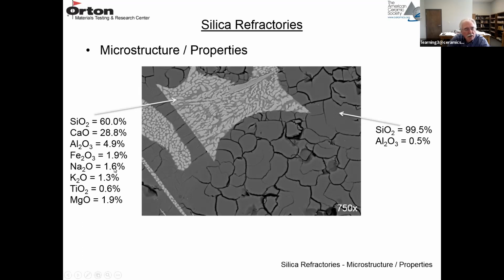Your alkalis were at about 1.6 and 1.3, and you also have some TiO2 and MgO. So there appears to be two phases, a bright phase and a darker gray phase in this glass. The brighter phase is that crystal structure I mentioned, wollastonite, the calcium silicate. So wollastonite crystallized in this glassy phase.